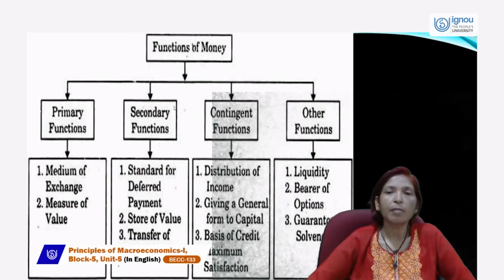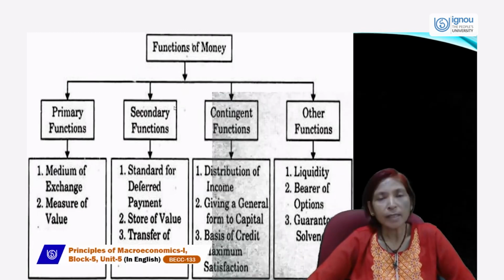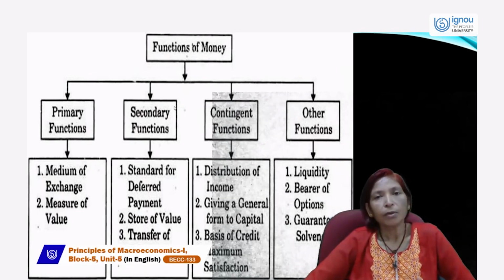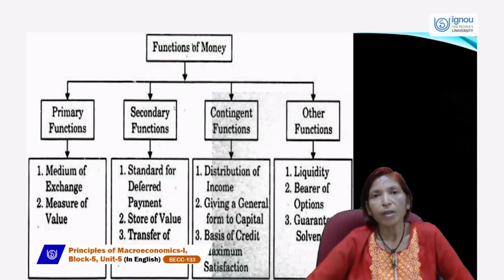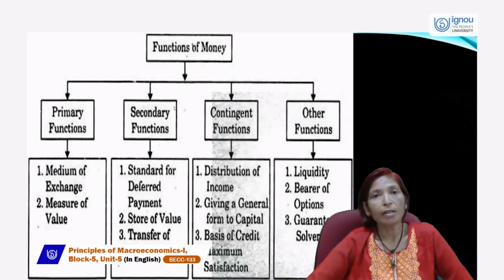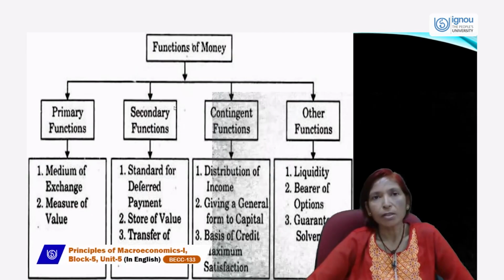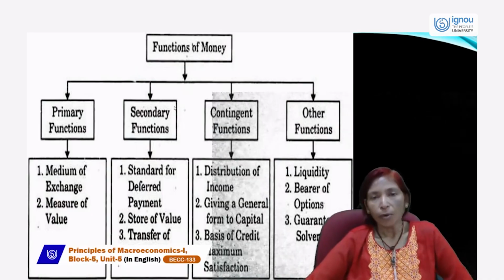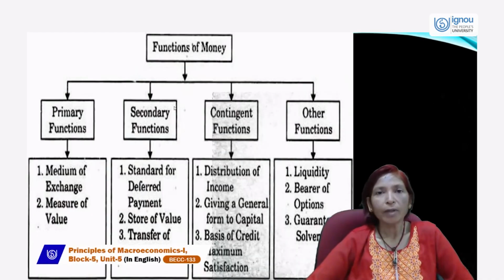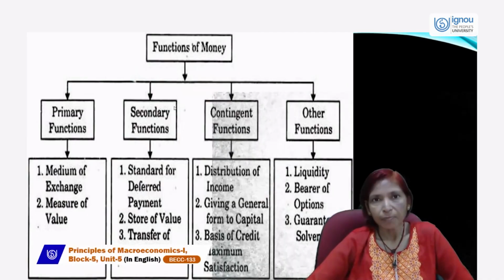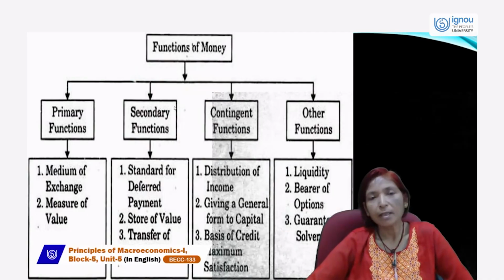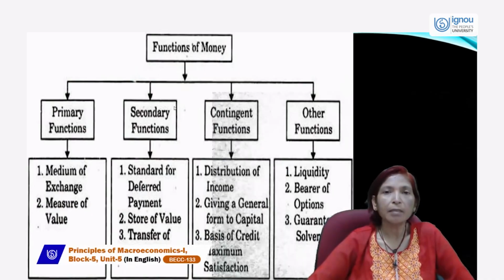People deposit their money in commercial banks, and commercial banks use that money to give loans, and borrowers can take money from the commercial bank. Banks charge a higher rate of interest on borrowings and give a lower rate of interest on savings. The difference between the two is called the profit of the bank. And a bank can create multiple money.